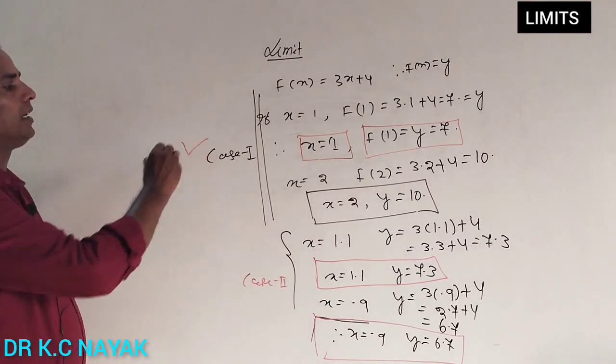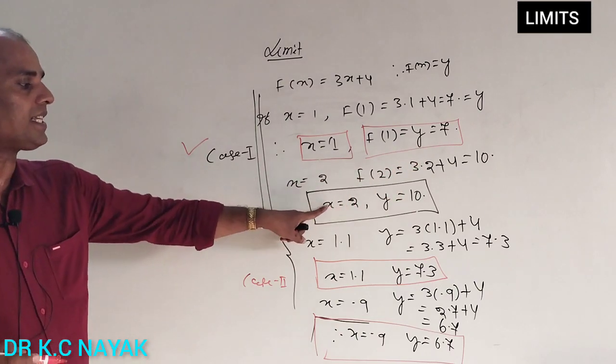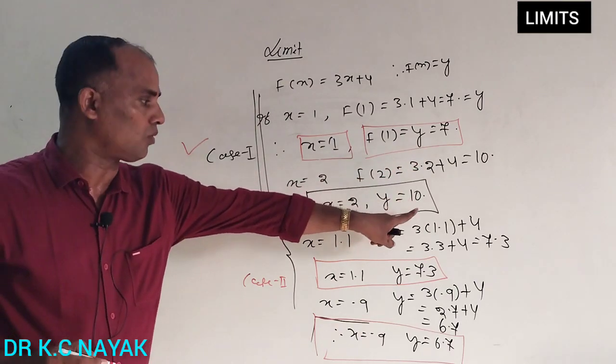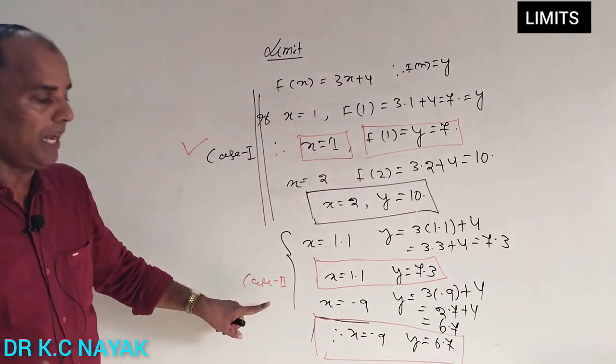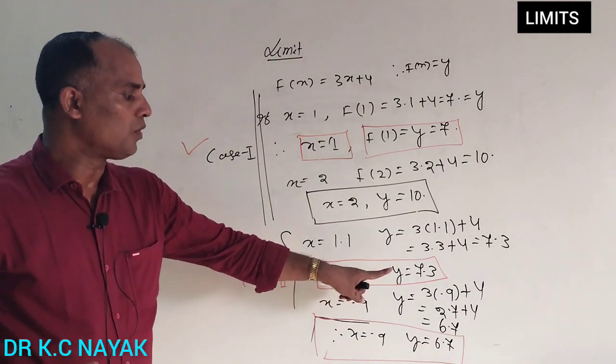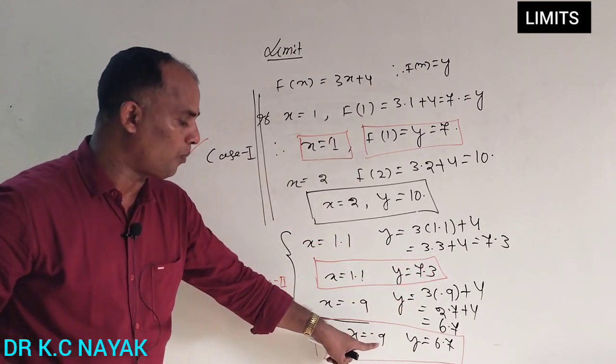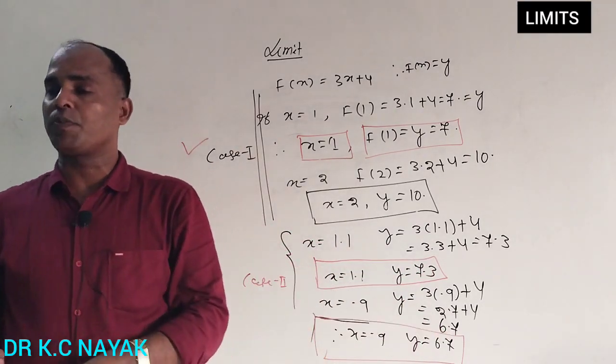From case 1, x is close to 1, y is close to 7. If x is close to 2, y is close to 10. Similarly, in case 2, x is 1.1, y is 7.3. When x is 0.9, y is 6.7.